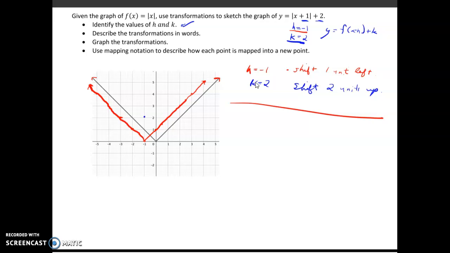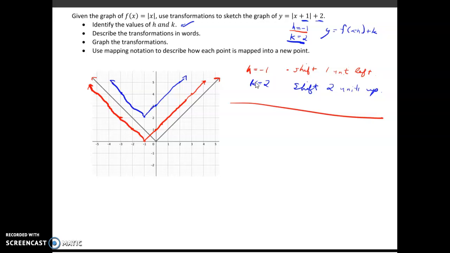So up 2 units, and I take the points up 2 units, up 2 units. There we are. If you notice, I skipped this one. I'm feeling fairly confident now. Up 2 units. Oof, it's really hard for me to draw that way, but that's what my function looks like.